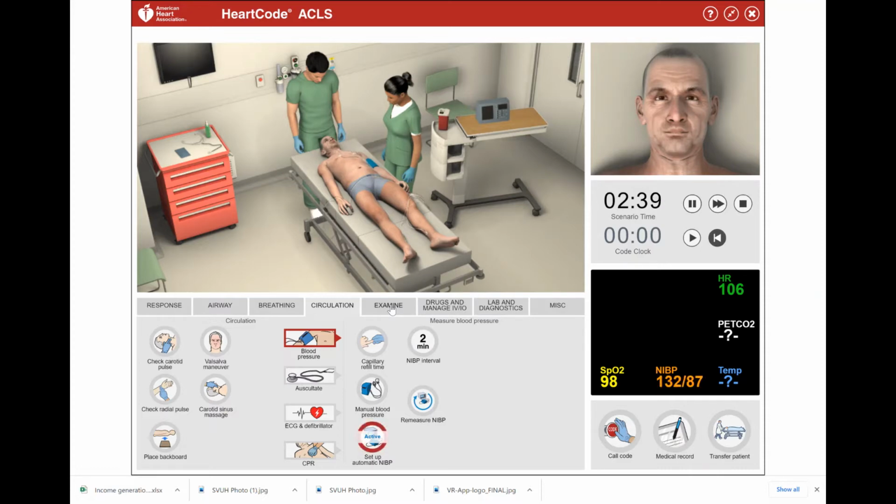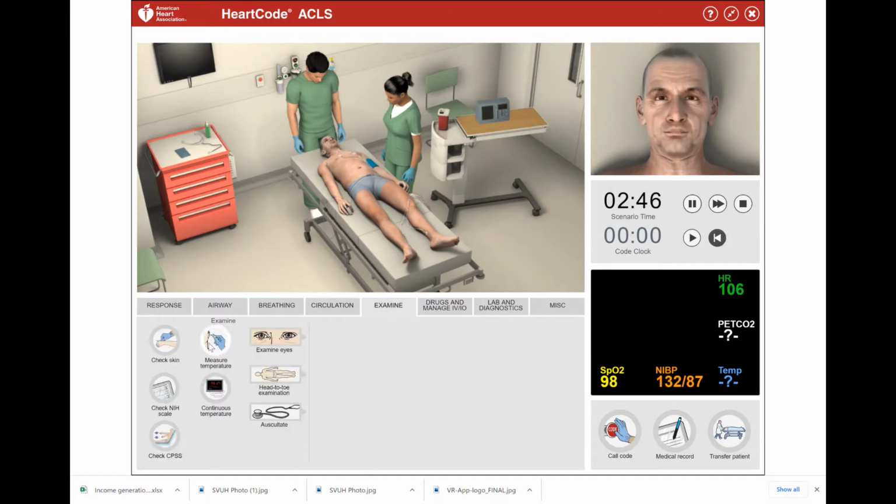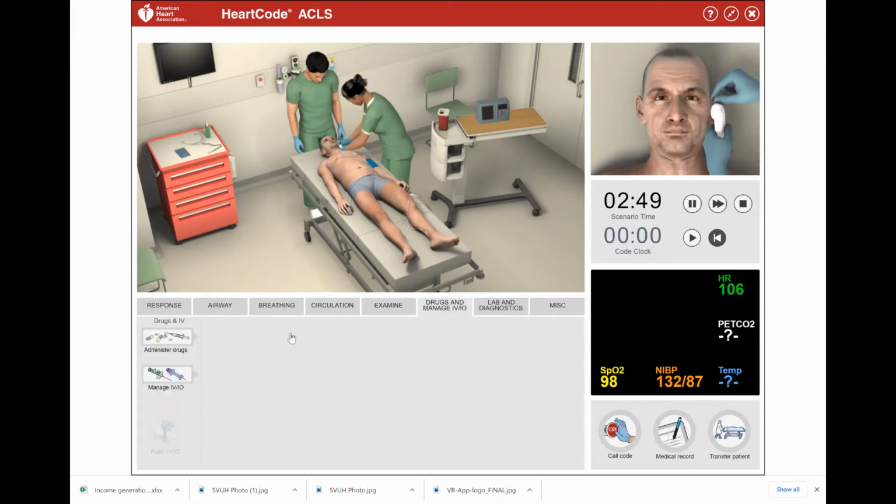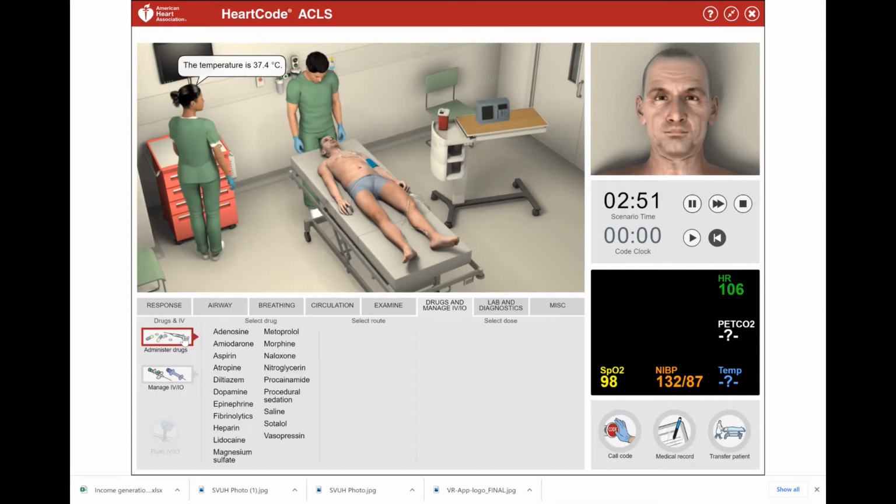So his blood pressure is fine. Temperature, pretty confident is okay as well. We'll just do it for completion. The temperature is 37.4 degrees Celsius.